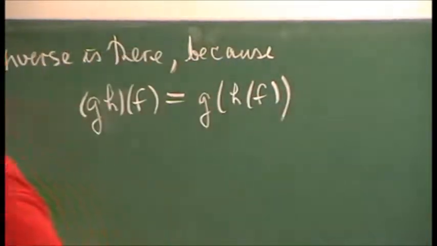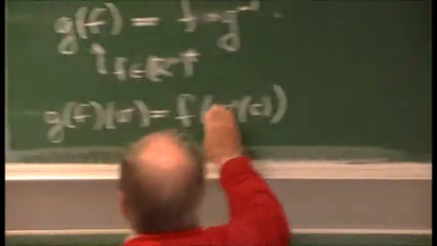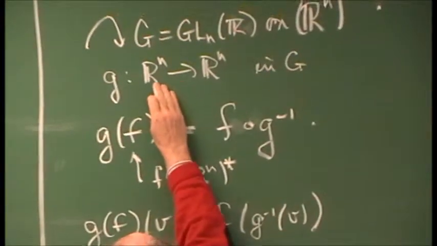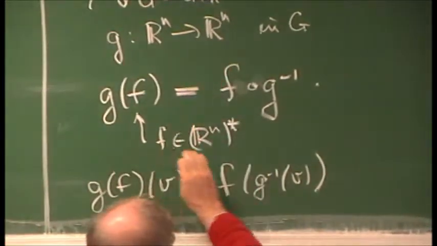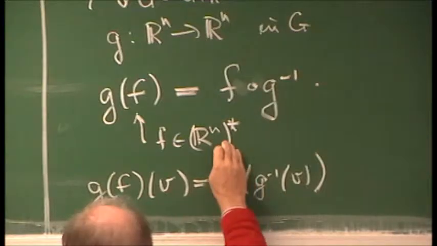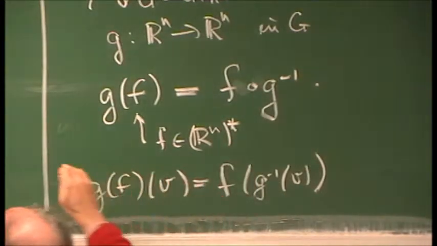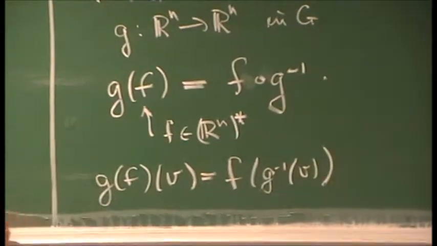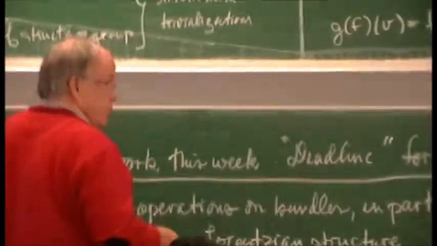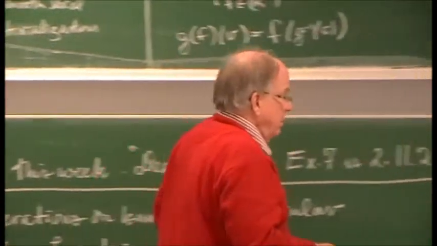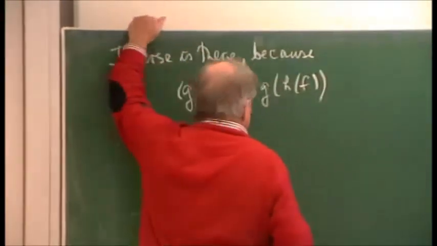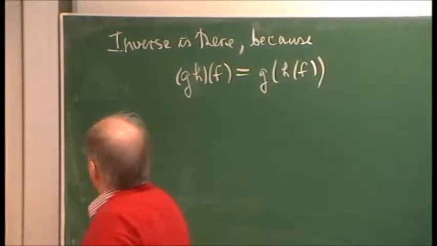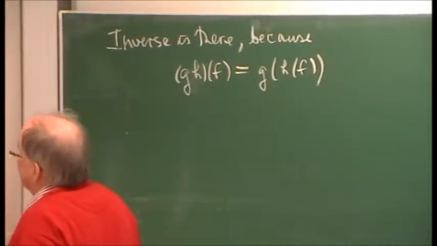Okay, so this is the dual representation. If you have the standard representation of GLn on Rn, then this is the standard way to dualize it on the dual space. And this is then the structure group action. The structure group is the same group, GLn, but it acts in this dual way on the dual space. Okay. That was the structure group in the case of the dual bundle.